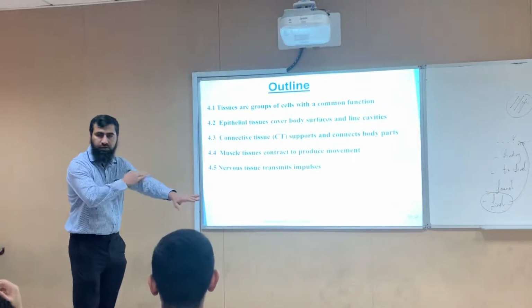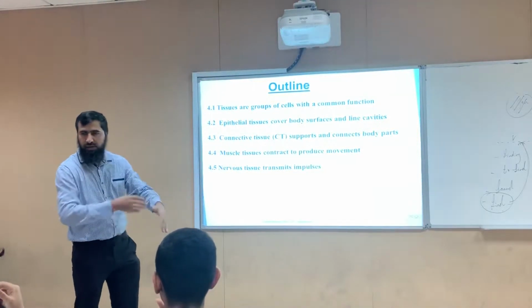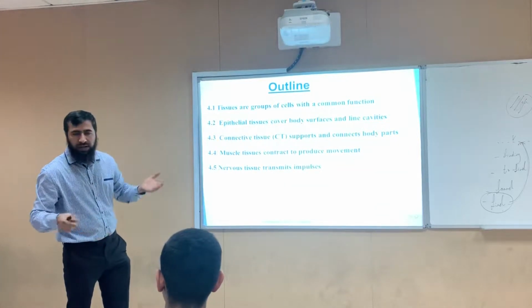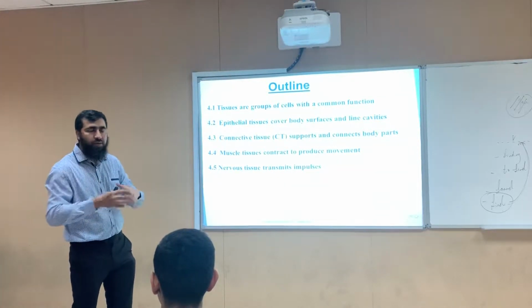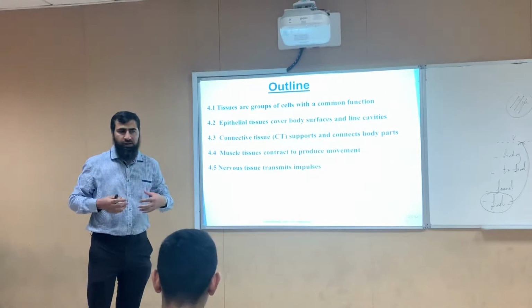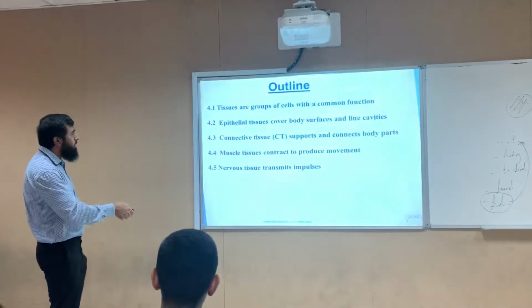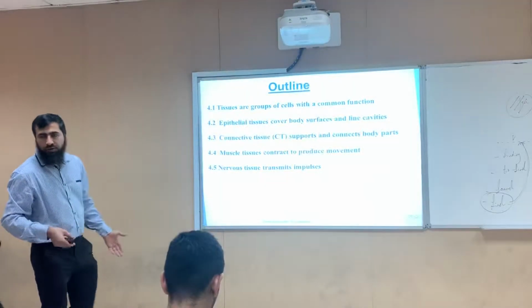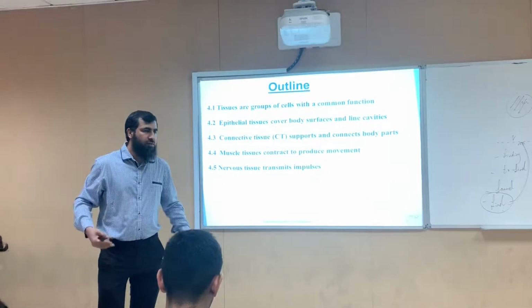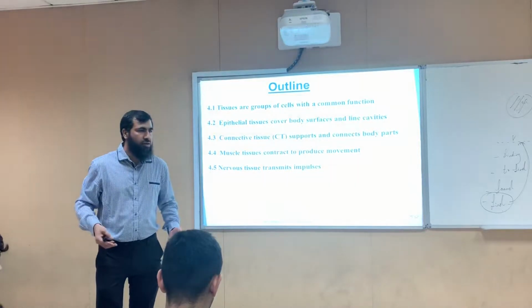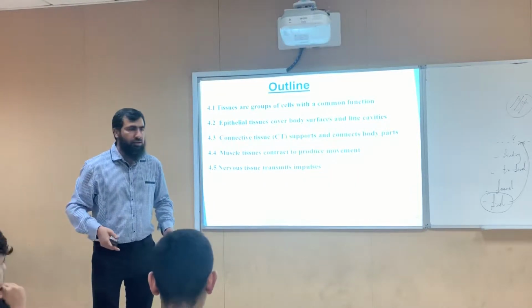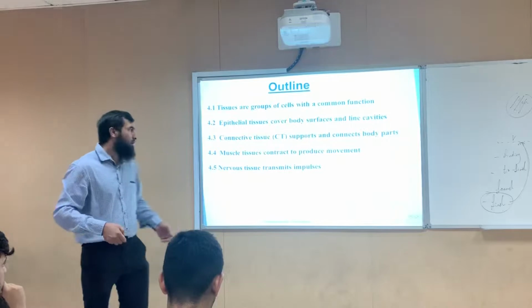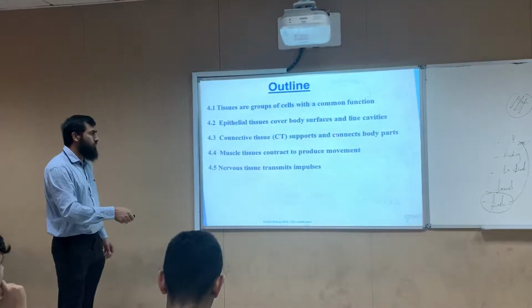So your skin, for example, is epithelial tissue, inside your mouth, inside your digestive system, all the cavities in your body. Okay. Then we have the connective tissue, so it supports and connects.